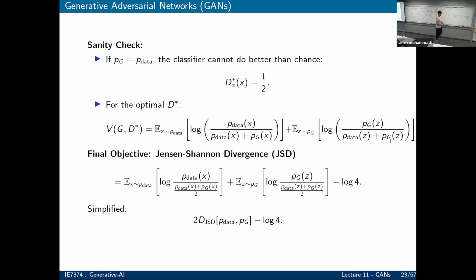We need some sort of average distance here: the average between P of G and P of data. So that's why in the denominator we want to divide by 2, to become an average value.